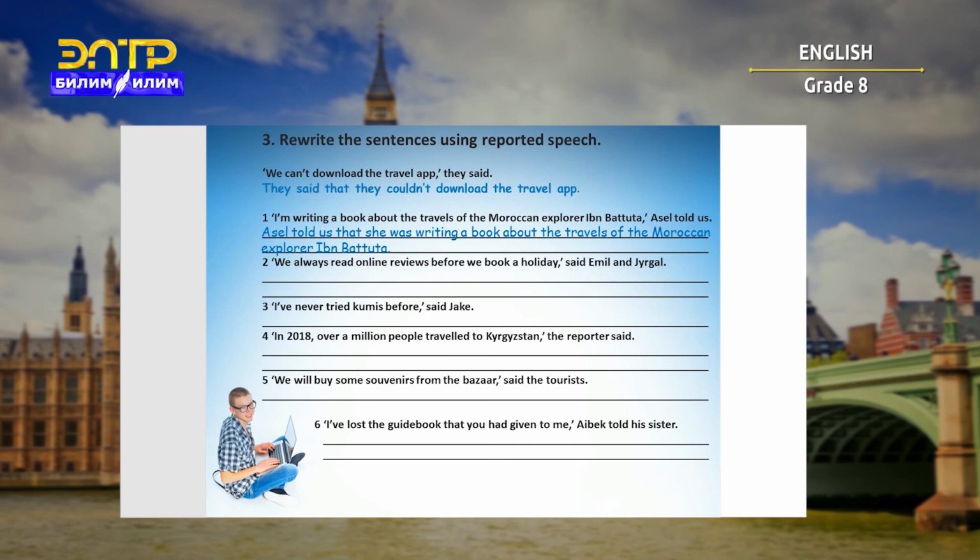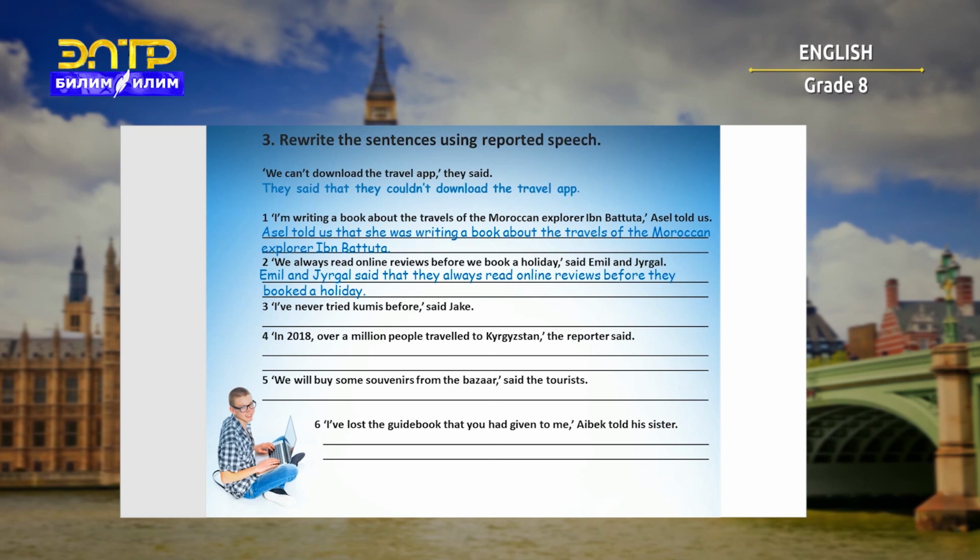Well done. Sentence number 2. We always read online reviews before we book a holiday, said Emil and Jirgal. What did they say? Emil and Jirgal said that they always read online reviews before they booked a holiday.